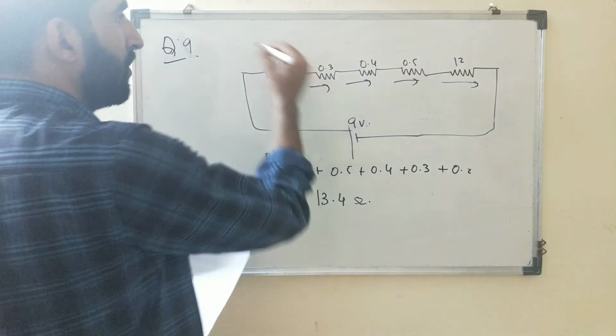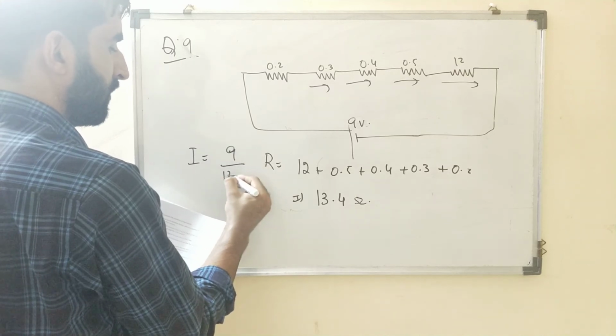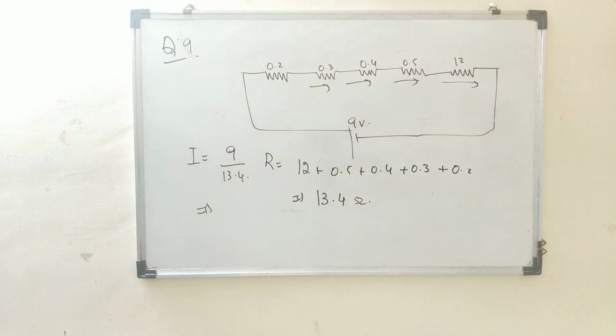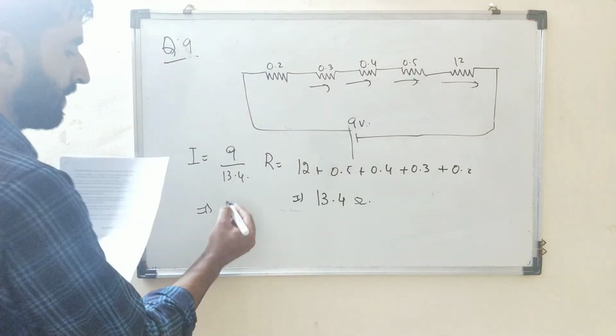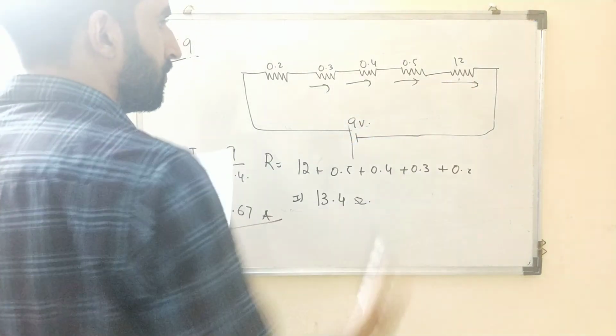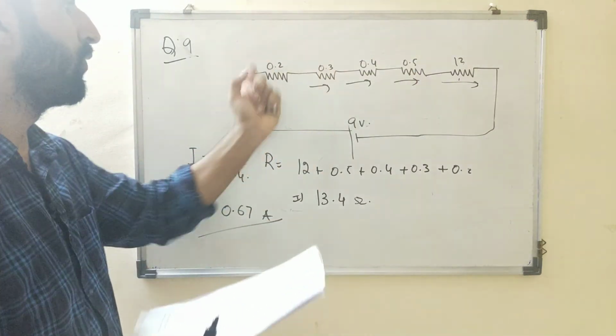So current will be equal to 9 divided by 13.4, which is 0.67 ampere. That is the current flowing through the 12 ohm resistor, and that's the current flowing in 0.5, 0.4, 0.3 and 0.2.